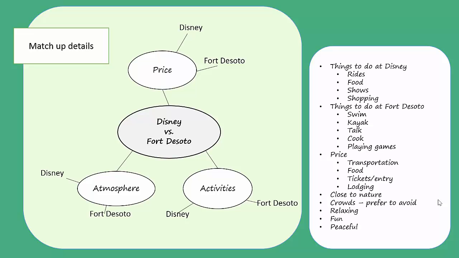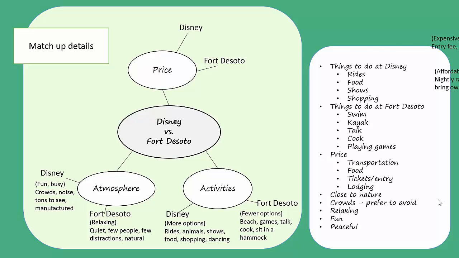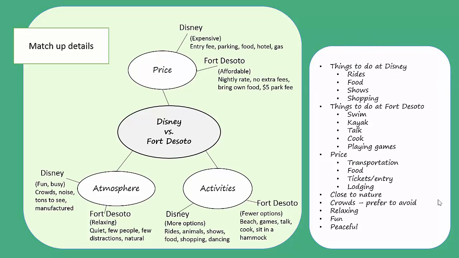You have these three criteria that you're comparing, atmosphere, activities, and price, and then under each one, you're going to explain how Disney qualifies under atmosphere and how Fort DeSoto qualifies under atmosphere, and you would do that for all three. Then underneath each of those, we're going to say what are those minor supporting details in each of those areas for each of those locations. So I'm going to match up some for atmosphere under each place, some for activities, and some for price.